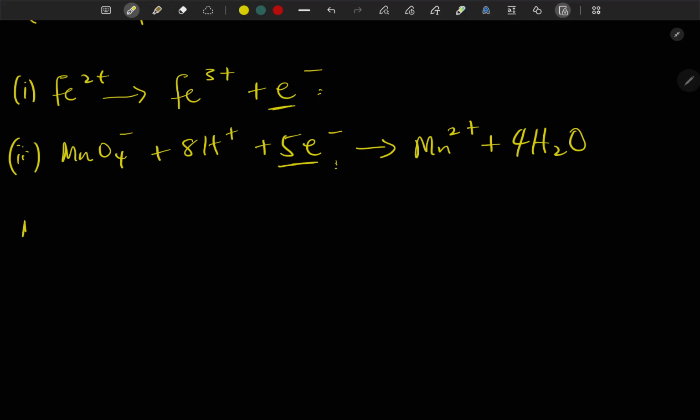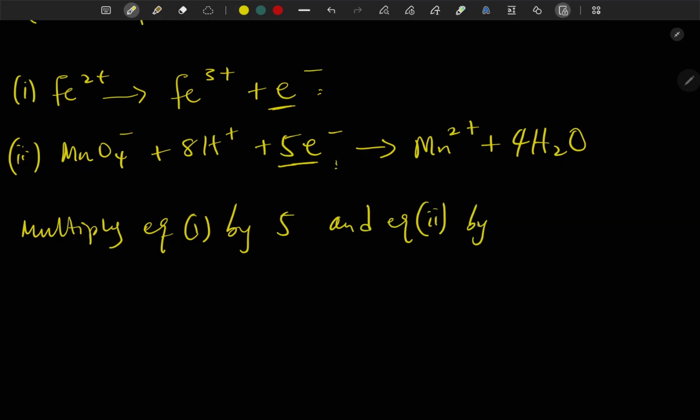I think you get that. Multiply equation 1 by 5 and equation 2 by what? By 1. We don't need to show the 1. Just writing e tells us that it is 1 electron. So let's do that.